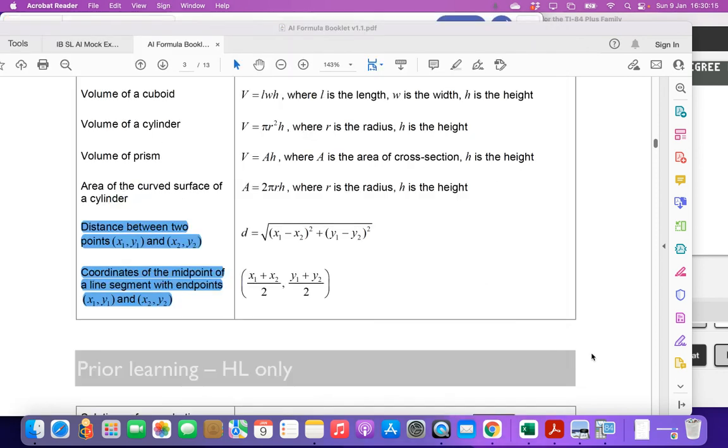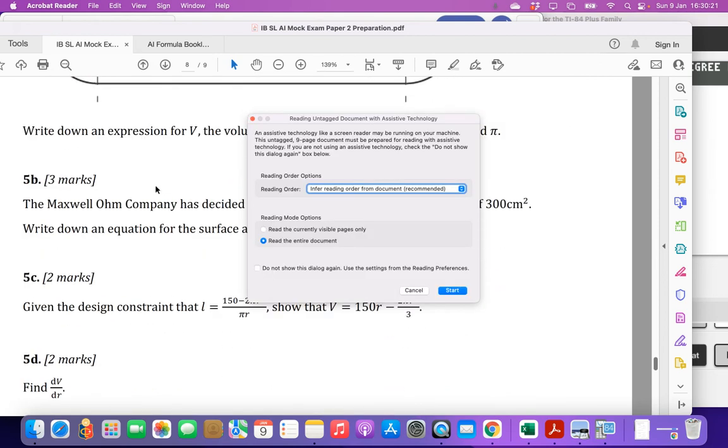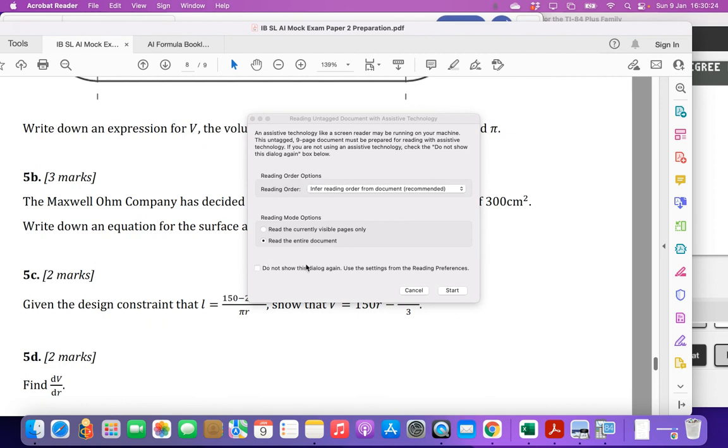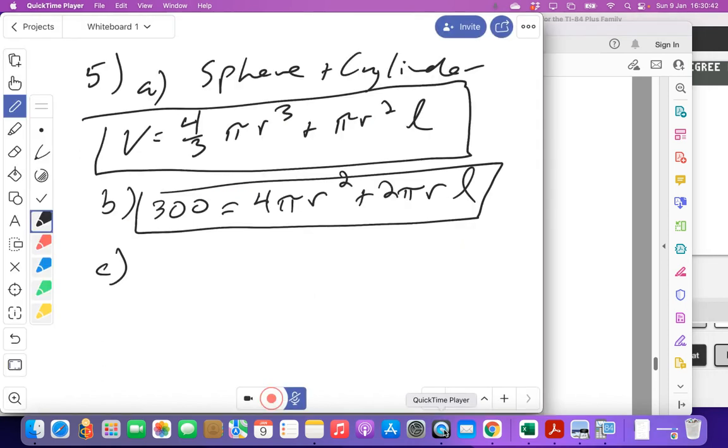Okay, so C, they're going to ask us to substitute for one variable. So they want us to find L so that we can do dV/dr, find the derivative with respect to r. So L is equal to that, is it? Take the equation above, subtract: 300 minus 4 pi r squared is equal to 2 pi rL.